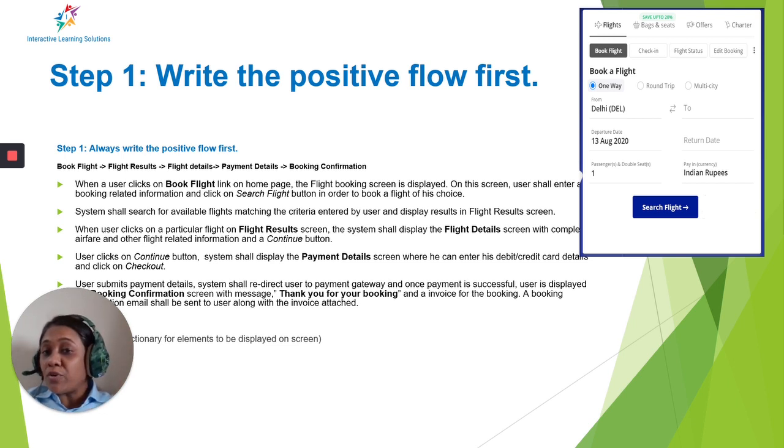System shall search for all available flights matching the criteria and display results in flight results screen. So in this sentence, I'm saying what is the system's response to the user's action. So when the user clicks on a particular flight on flight results, the system shall display the flight detail screen with complete airfare and other flight related information. And so on the flow proceeds.